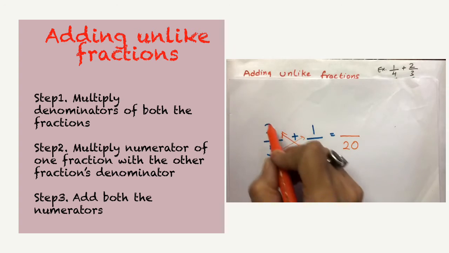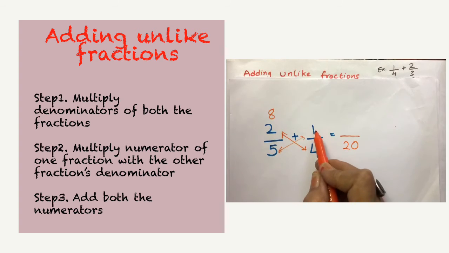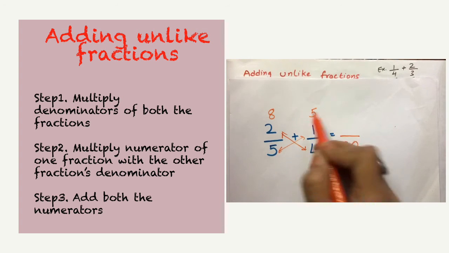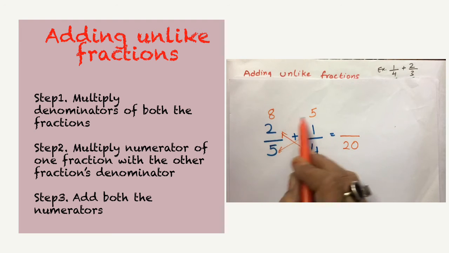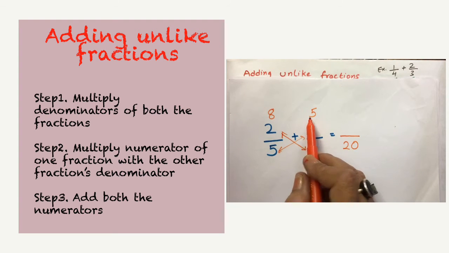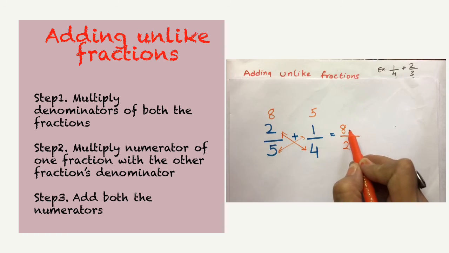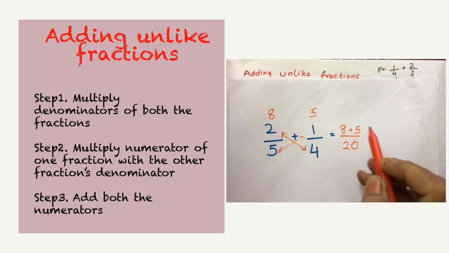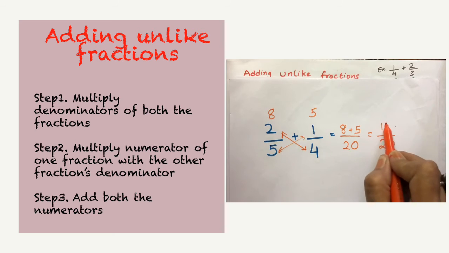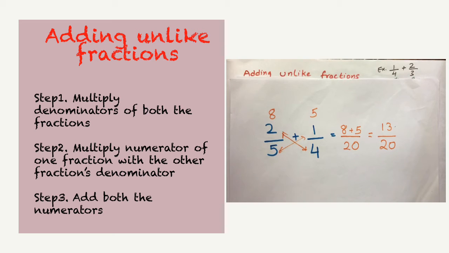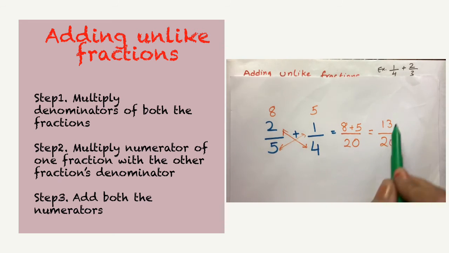So 2 4s are 8, 1 5s are 5. What do we do with the numerators now? We just add them. So 8 plus 5. What does this give? 20 in the denominator. 8 plus 5 is 13. So what is the answer? 13/20. Easy.